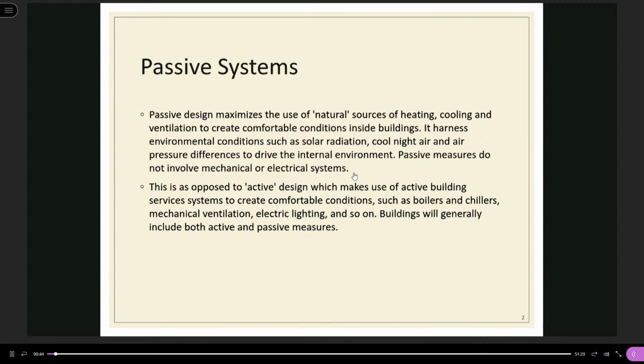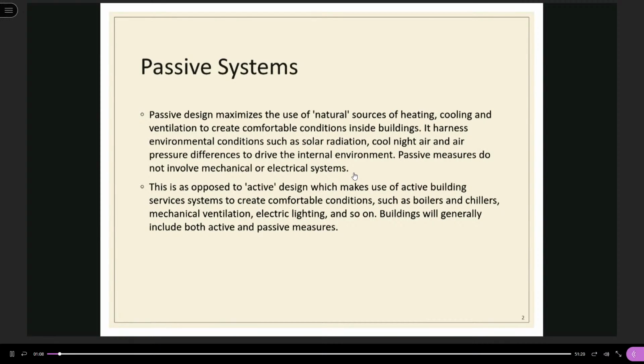We have the solar heat gain through the windows, and natural sources of cooling could be the cool air. The cool air brings away the heat. And ventilation, so the natural air ventilation. So these sources can create comfortable conditions inside the building. Then we call them the passive design.